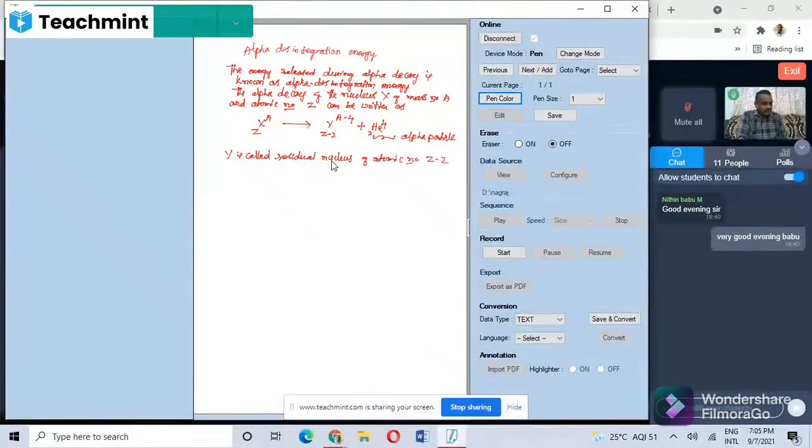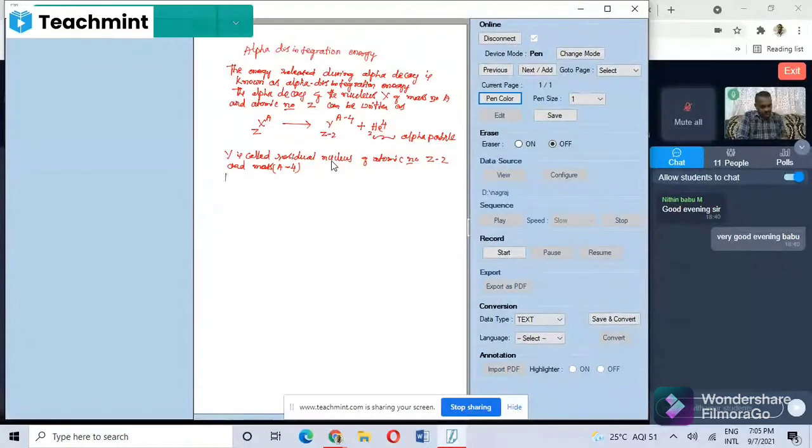Y is also called the daughter element. X is called the parent element, the parent nucleus, and Y is called the daughter nucleus.